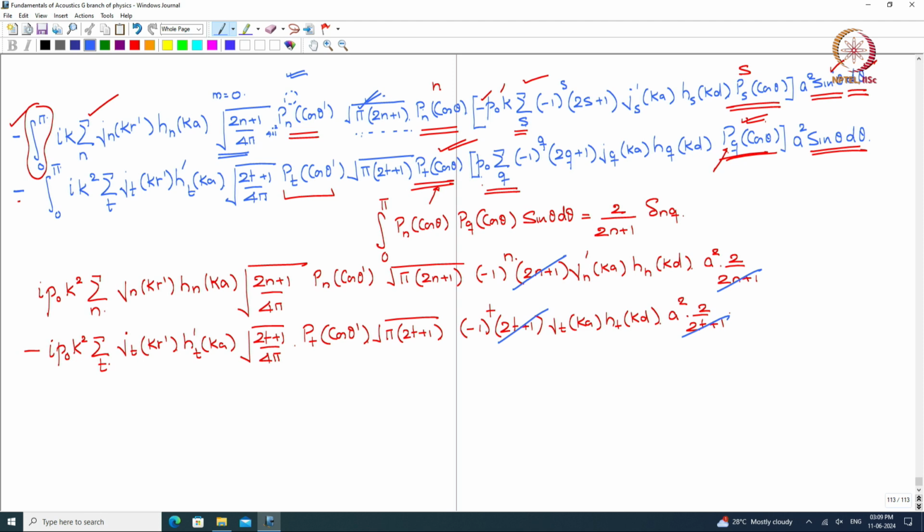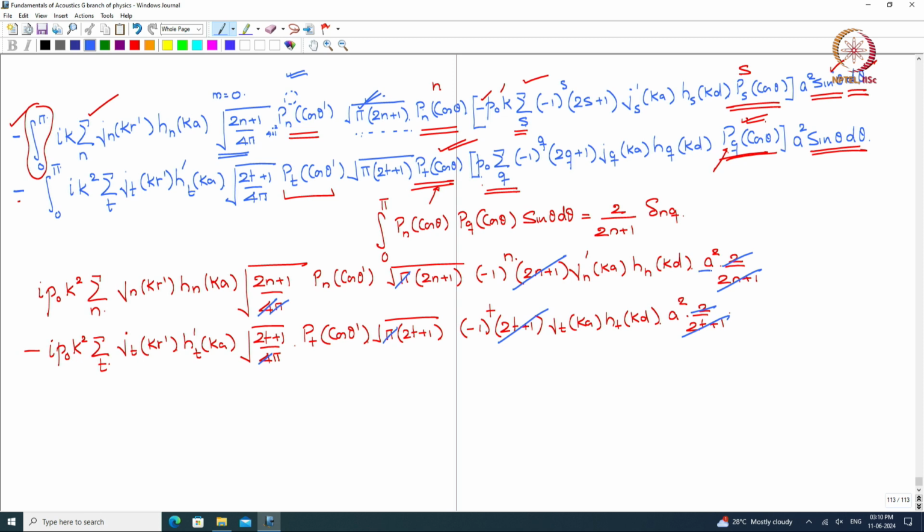Then I have a square. So there is a 2 here that goes with 4 root here, there is a 2 here that goes with 4 root here, there is a root pi here, a root pi here, a root pi here. So many things go away. So let us see what we get.